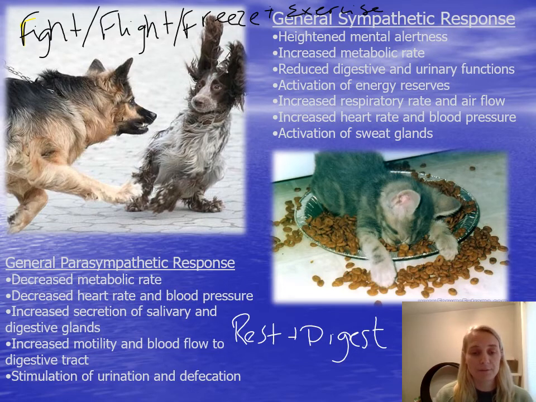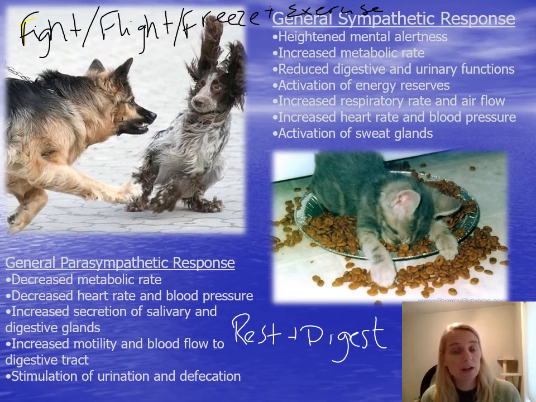So if we take a look at the response, it's typically opposite of the sympathetic activation. So decreased metabolic rate, decreased heart rate and blood pressure. It's not listed here, but it would be a decrease in your respiratory rate.